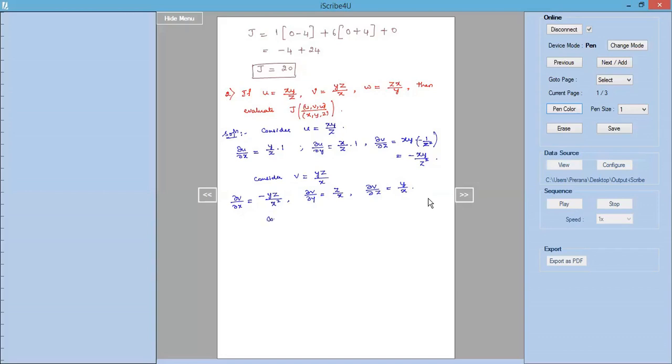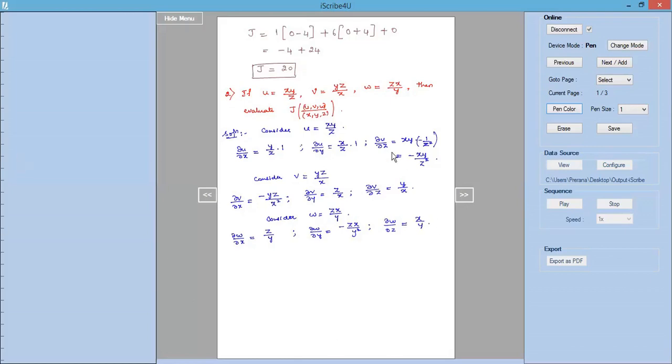Now we consider w, which is zx divided by y. So we find the partial derivatives, dou w by dou x is z by y, dou w by dou y is minus zx divided by y square, and the third one, dou w by dou z is equal to x by y.